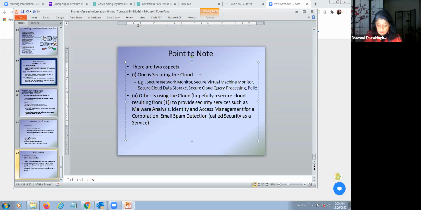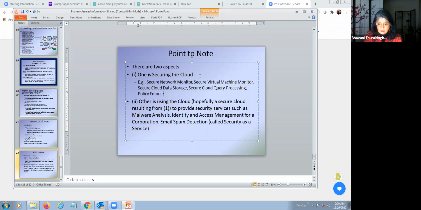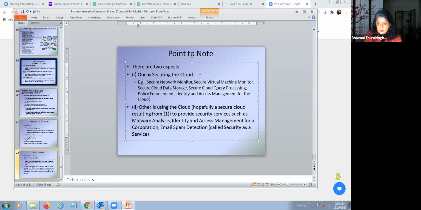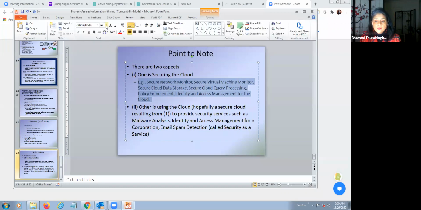And policy enforcement. And then also remember identity and access management for the cloud. So this is something that I really want you all to make a note.